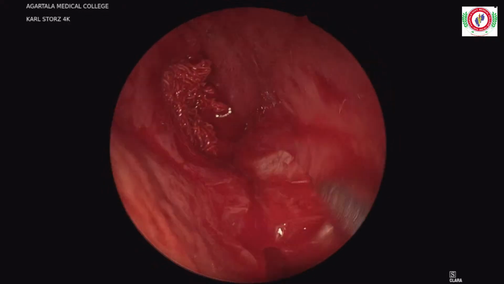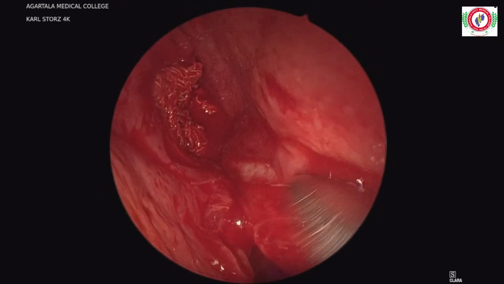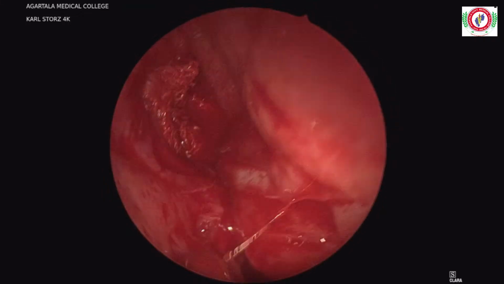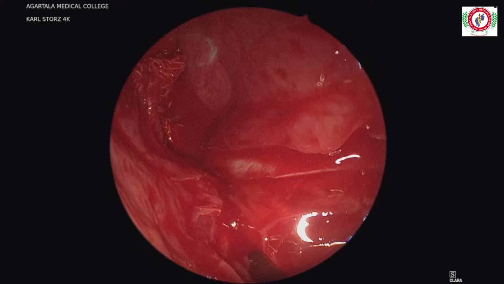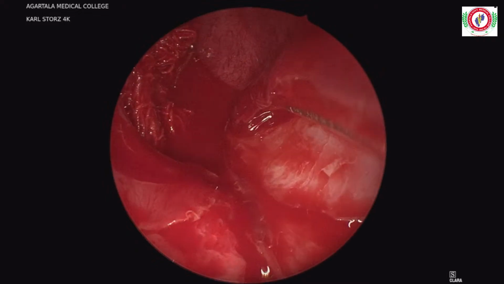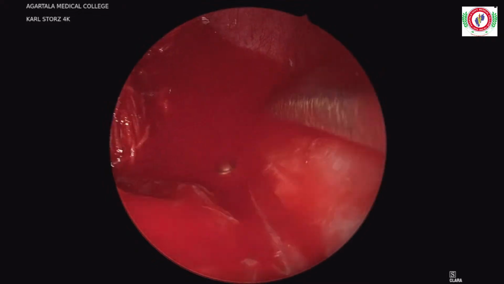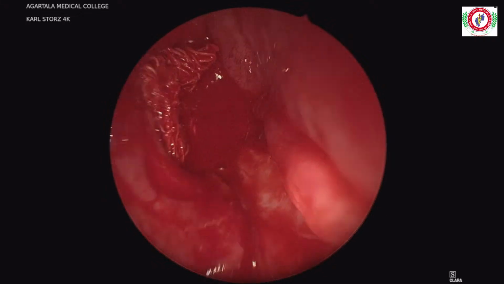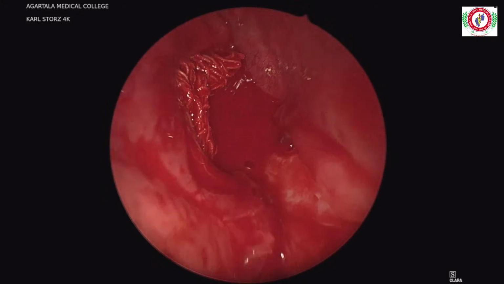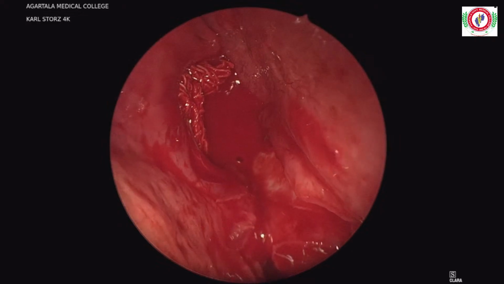Pre-lacrimal approach is from the pyriform, just up to the pyriform or between the pyriform and the lacrimal bone. In this, you don't cut the lacrimal process or lacrimal sac. You preserve the nasolacrimal duct. In pre-lacrimal. Yeah, in pre-lacrimal.